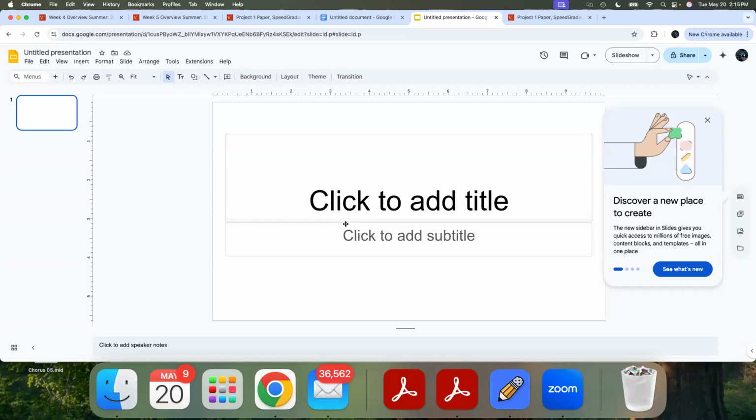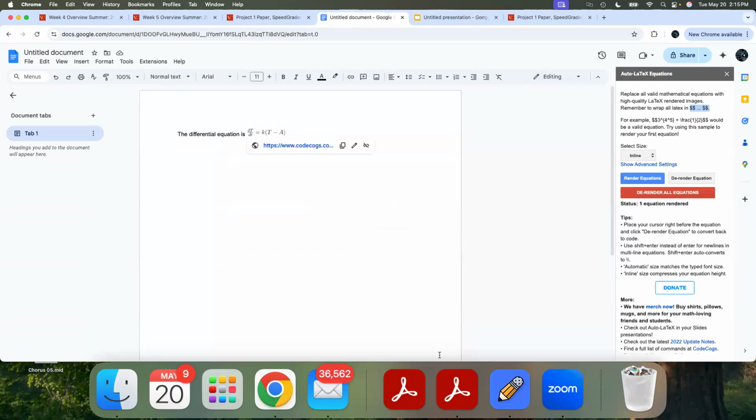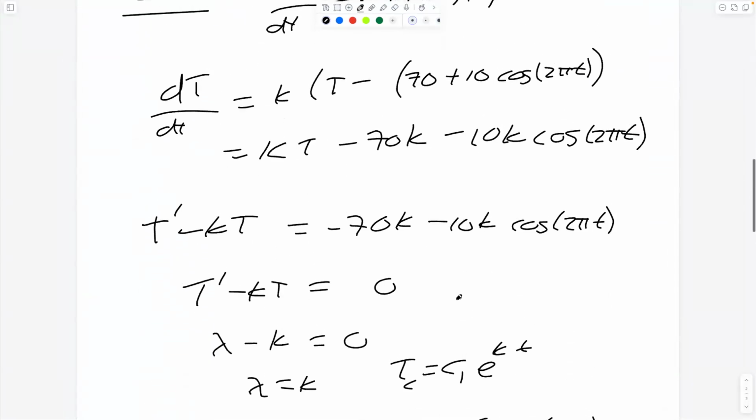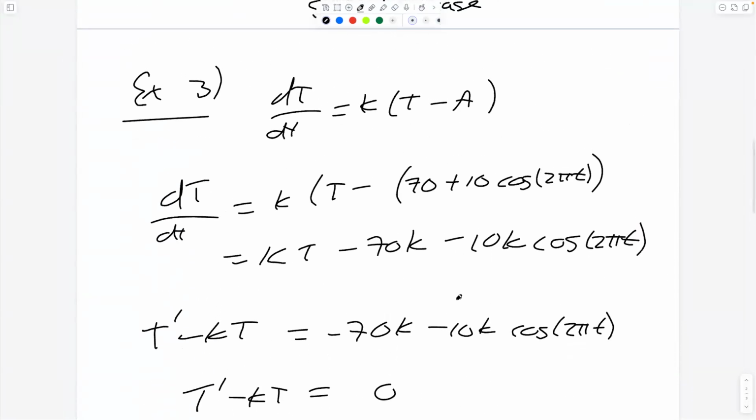Do not read math to your audience. So you're going to have a bunch of math here, like what I was doing here: dT equals k times the quantity T minus the quantity 70 plus... That is so boring. Here's our dT.